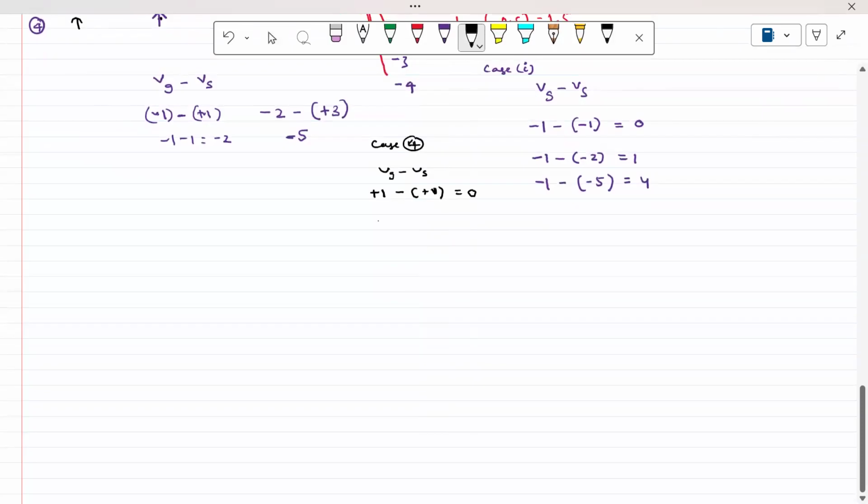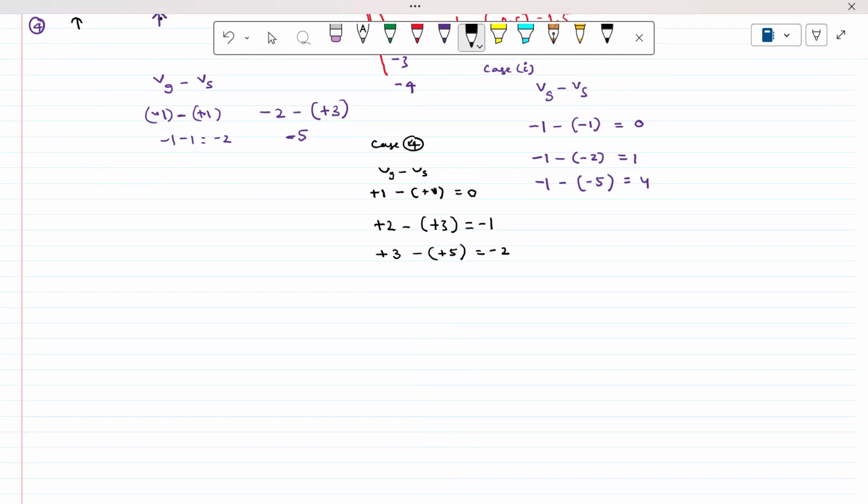But what if it is plus 3 volts and plus 5 volts? What you can observe? Minus 2.